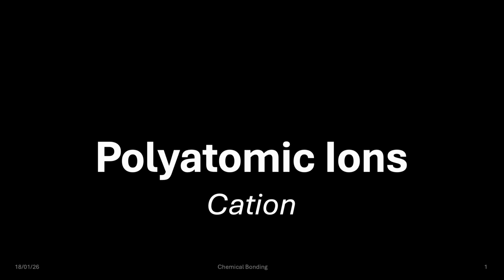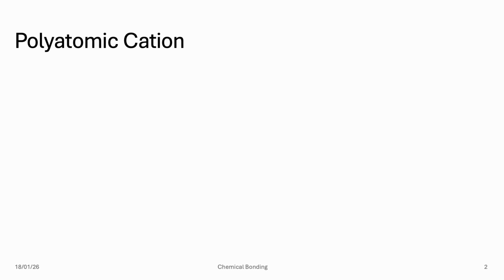Hello, today we will discuss polyatomic ions and also the chemical formula for ionic compounds. First, the polyatomic cations. For now, we will just introduce you to only one, which is the ammonium ion.